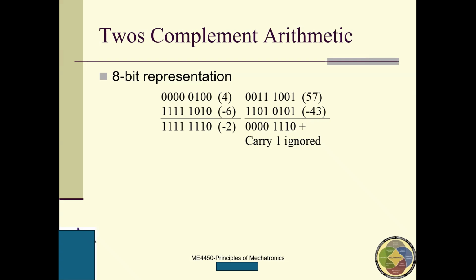And how can I calculate my negative 43? My negative 43 equals 2 to the power 8 minus 43. Right? For 2 to the power 8, that is 1, 0, 0, 0, 0, 0, 0, 0, 0.